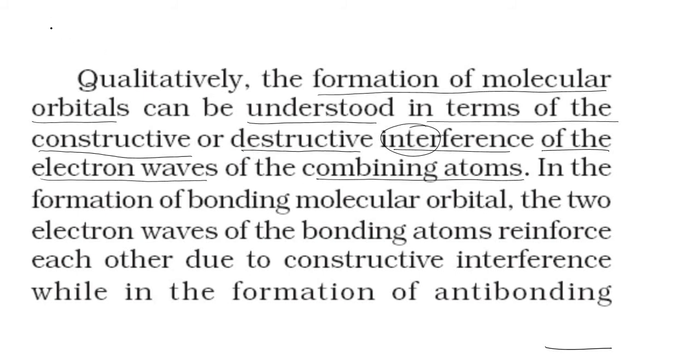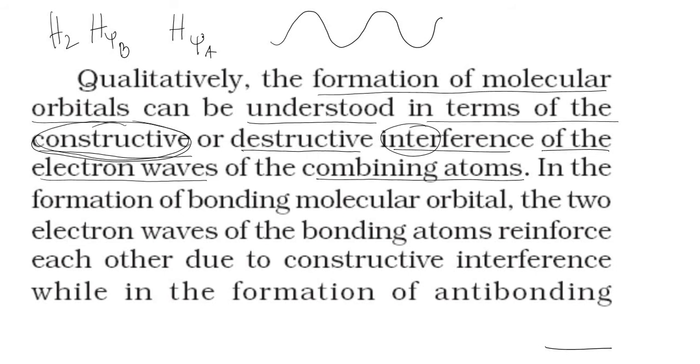Interference of the electron waves of the combining atoms. I was speaking of hydrogen, so I will write one hydrogen atom whose wave function is psi of A, and there is another hydrogen atom whose wave function is psi of B. Now if I speak of constructive, in the sense it is addition. Now this is one wave of H, psi of A, right?